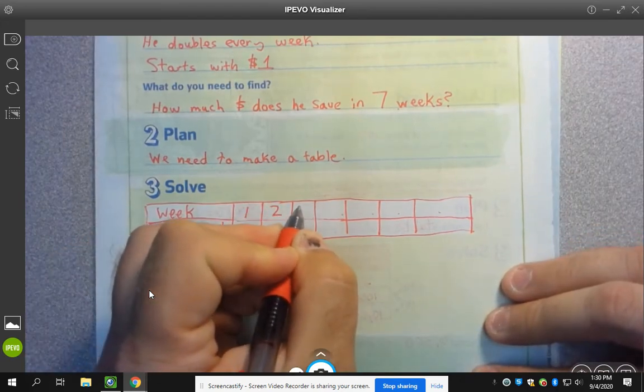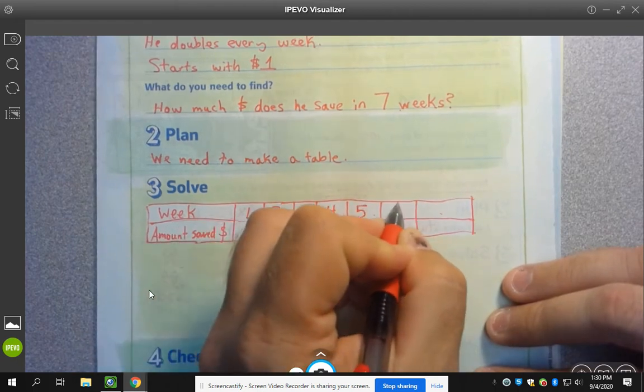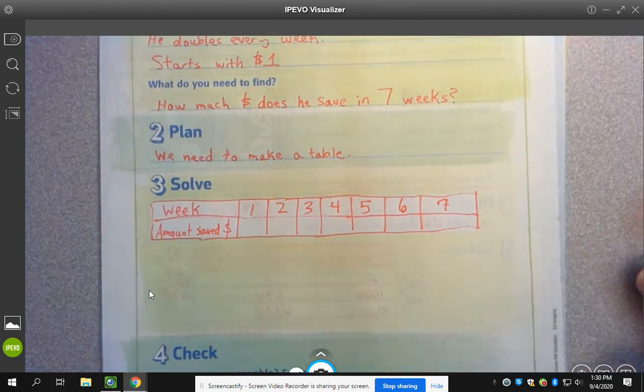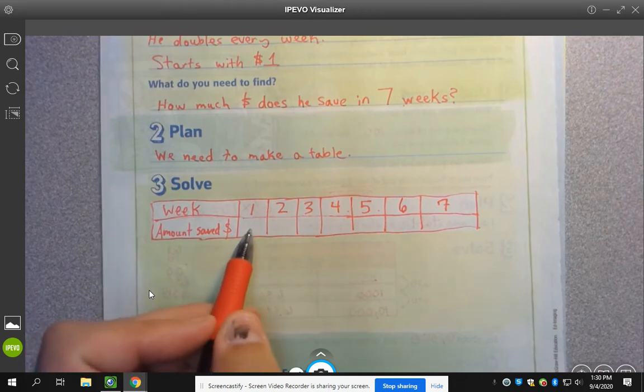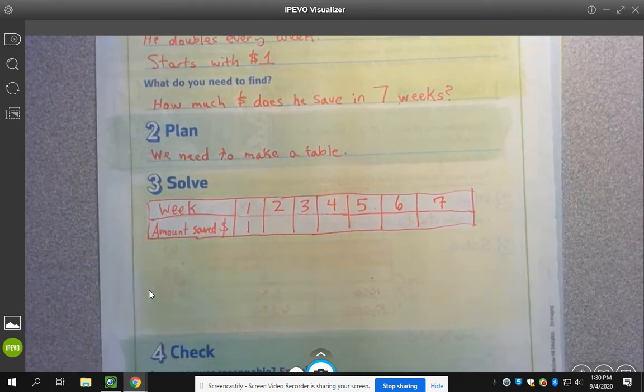What about here? 5. Oh, you guys can count to 7. Yay! All right, so those are the weeks. And so what should go here then? $1. That's what he starts with, right? So put a 1 right there.